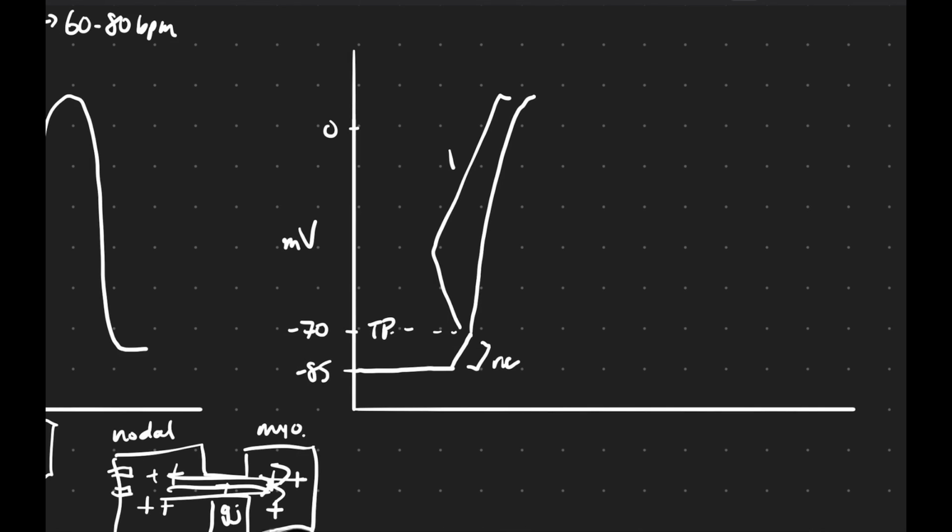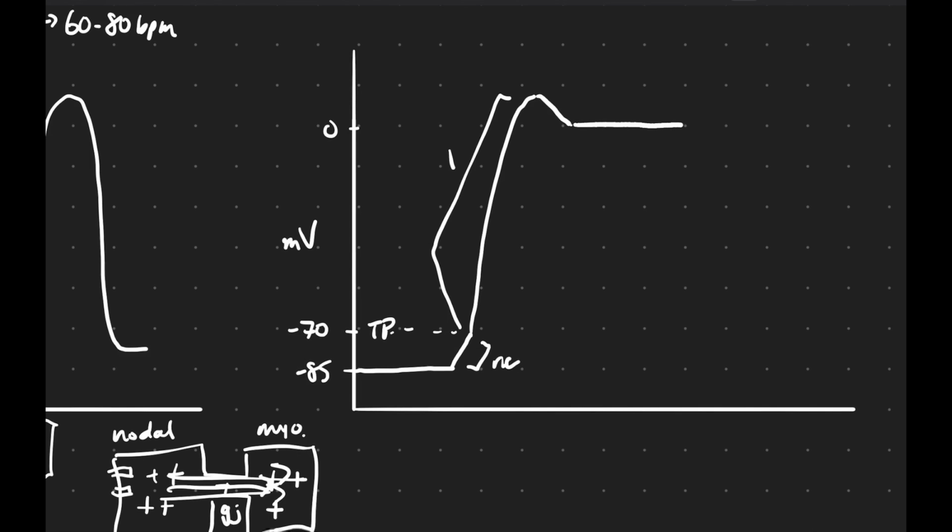And then once we reach about +20 millivolts, we're going to have our voltage-gated potassium channels open. That's going to allow for some repolarization up until 0 millivolts, which is where we have our L-type calcium channels open, and those cancel out the effect of the potassium channels.